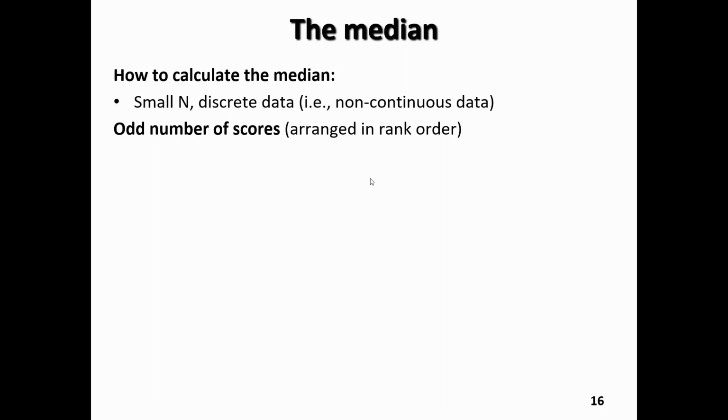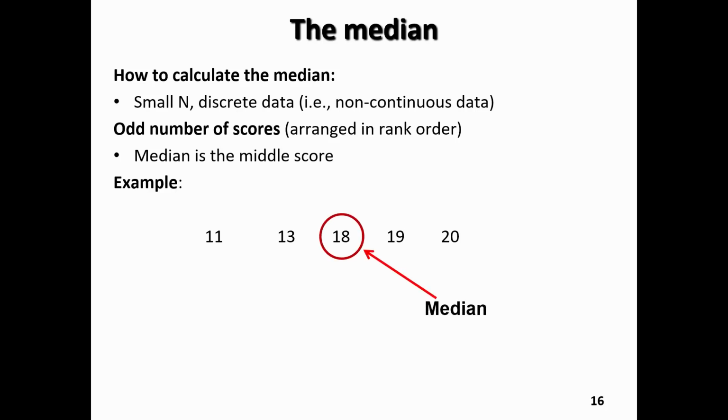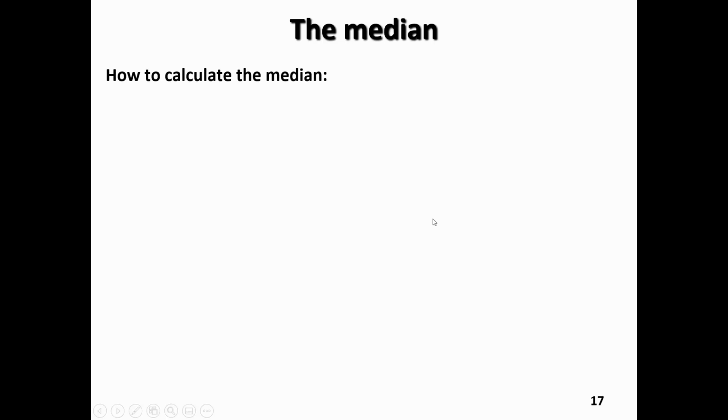In the event that there are an odd number of values or an odd number of scores, the scores must first be arranged in a rank order, greatest to smallest or smallest to greatest, and the median score is just simply the middle value. And the middle value is a location that is not going to be dependent on the values of the numbers on either side, on the lower side or the greater side.